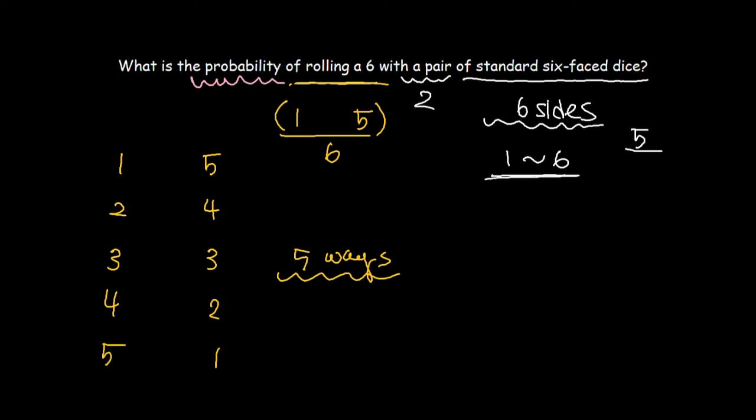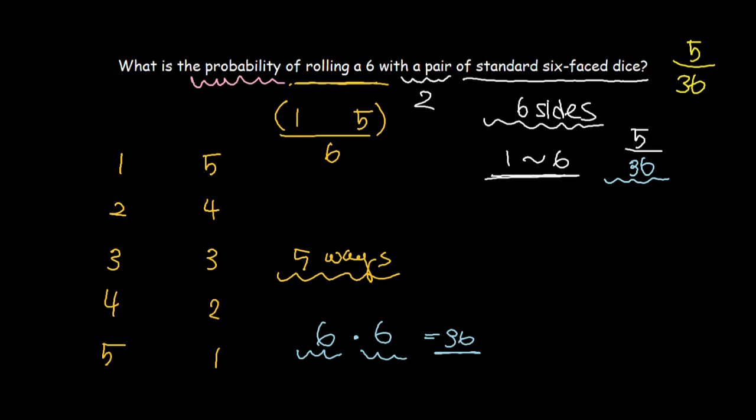You can get a total of 6 numbers on the first dice and 6 numbers on the second die. 36 total outcomes. So 36 should be the total number. Is this simplified? Yes, it is simplified. So your answer to this question is going to be 5 over 36.